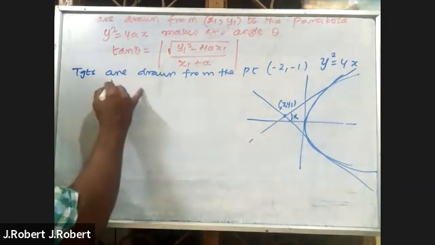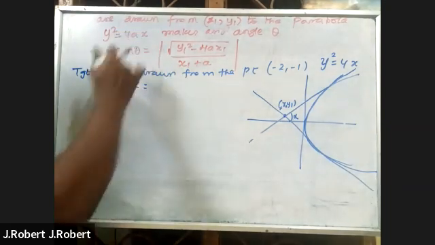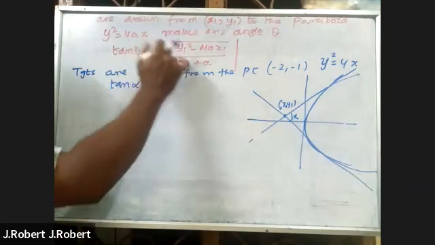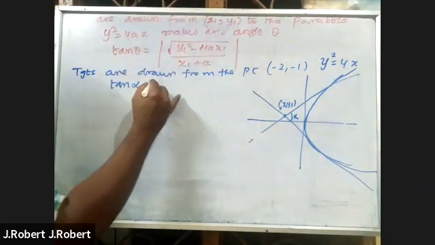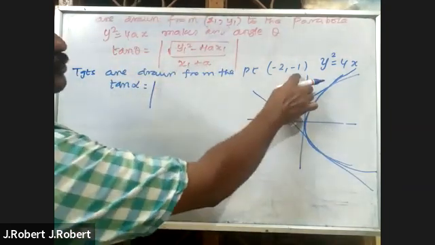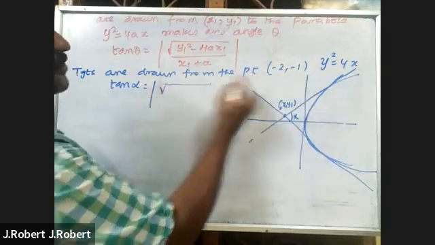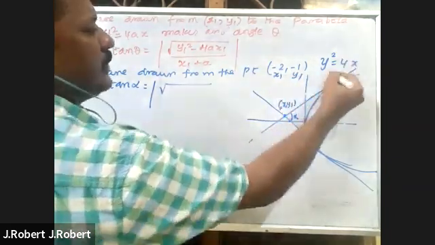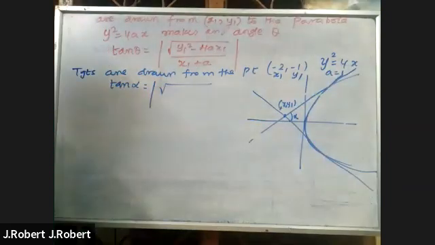Then tan alpha is equal to the same thing, the modulus of square root of y1 square minus 4ax1 divided by x1 plus a. Here x1 is minus 2, y1 is minus 1, and a is equal to 1, since y squared equals 4x.